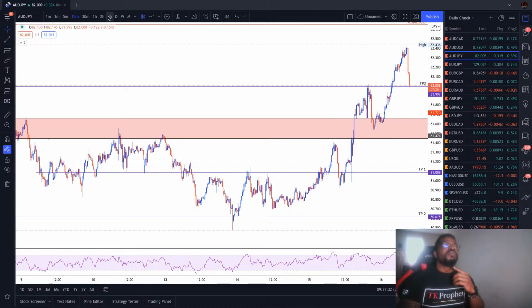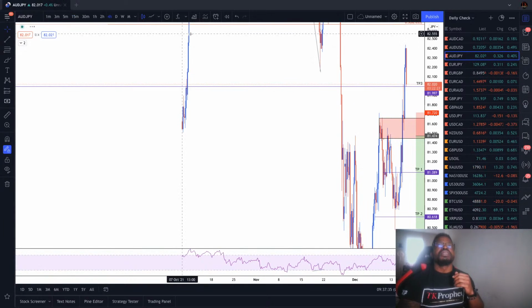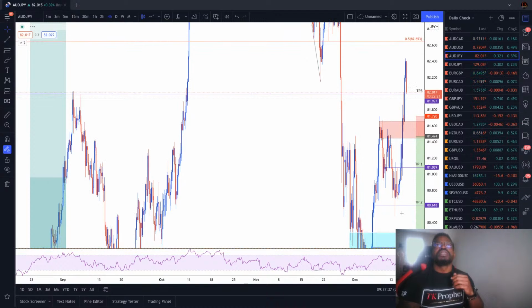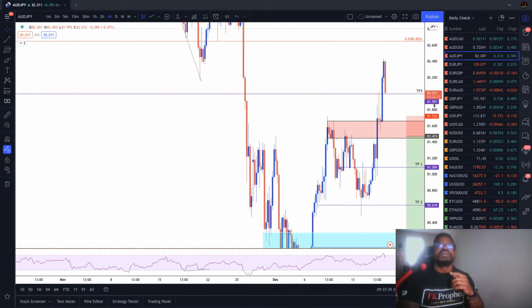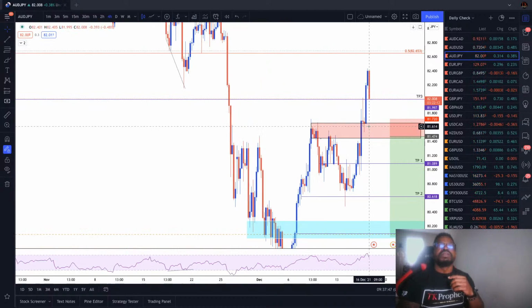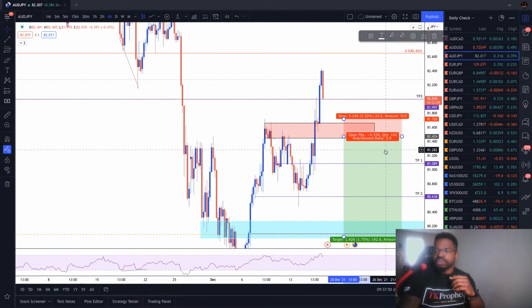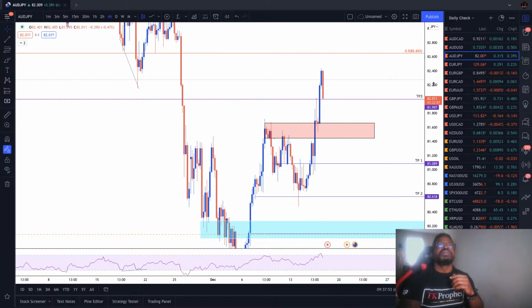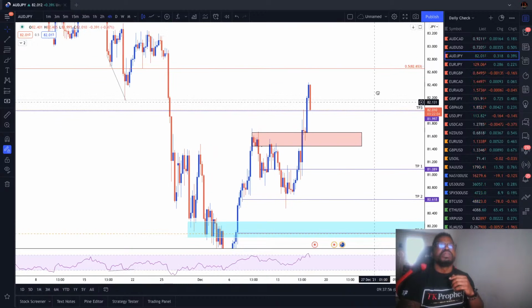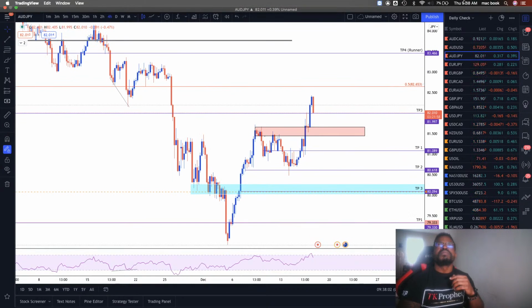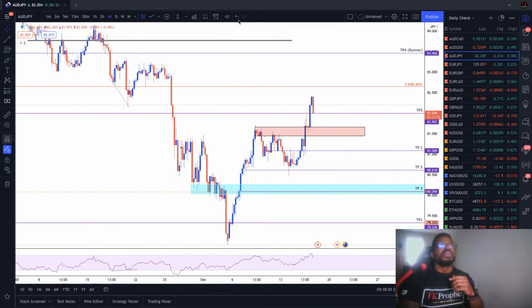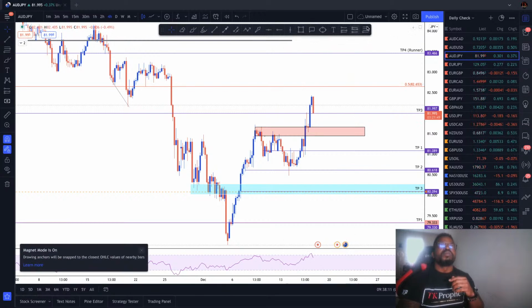So we got AJ pulling back. Let's use our Fib from the swing low to the swing high to see how far back the market could possibly retrace.